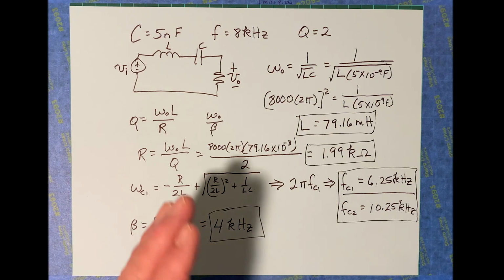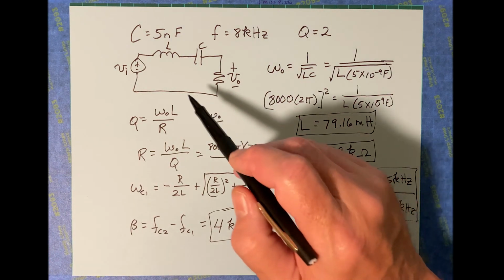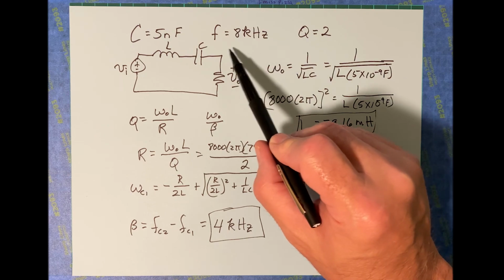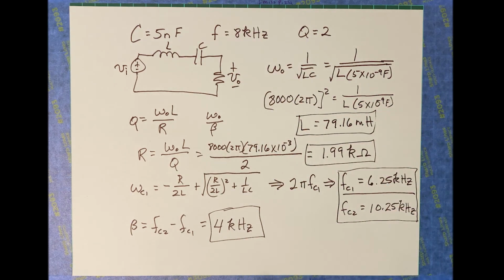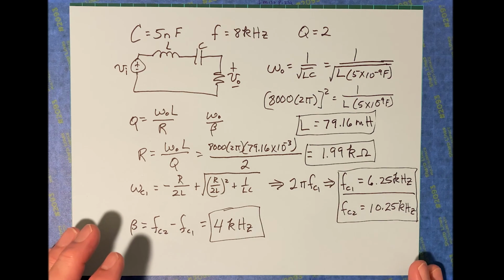Okay, so if you were given a problem like this where you were given a certain C value, you know what the center frequency needs to be, and the quality, well, you could solve this. Okay, in fact, you should probably anticipate a similar type of filter problem, or maybe one of the other types of filter problems on an exam sometime in your future.